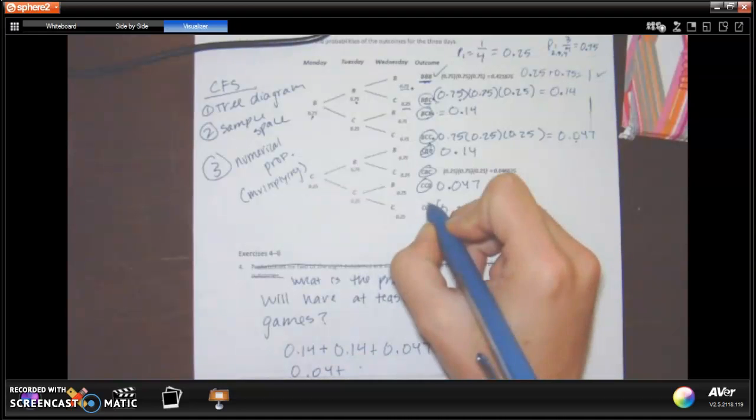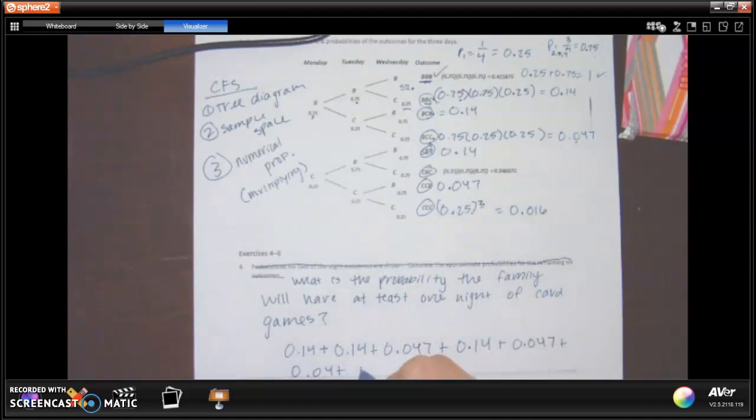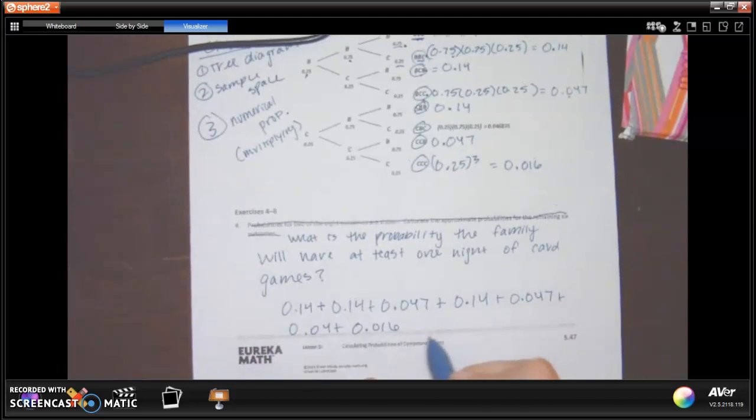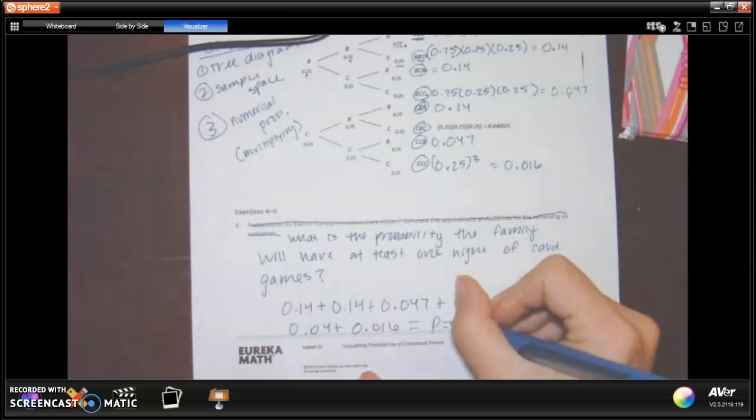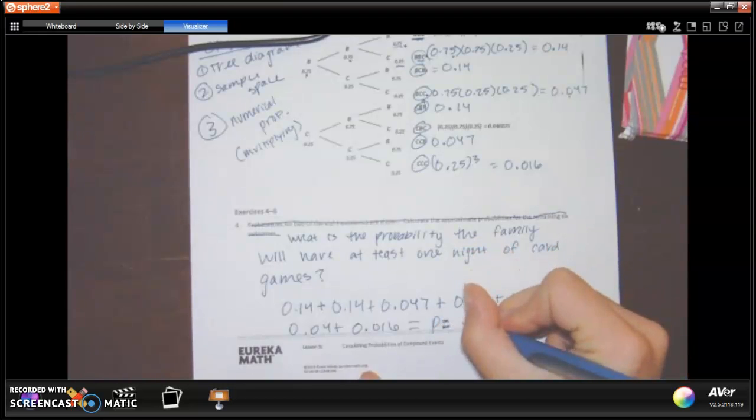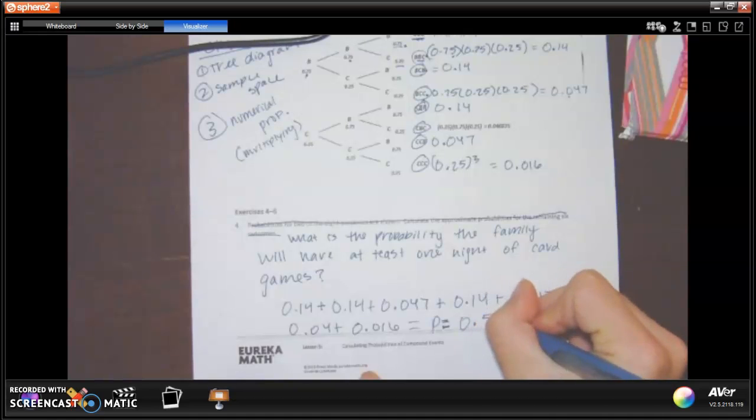And then finally I need to add the probability of this final outcome, which is 0.016, because all of those outcomes contain at least one card game. When I add that together, the probability of at least one night being card games for this week would be 0.578.